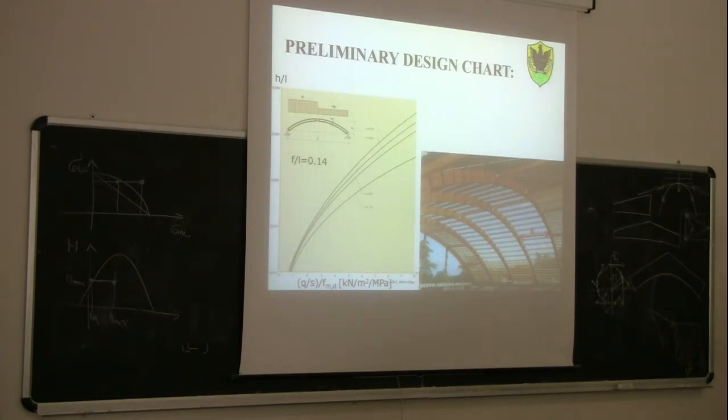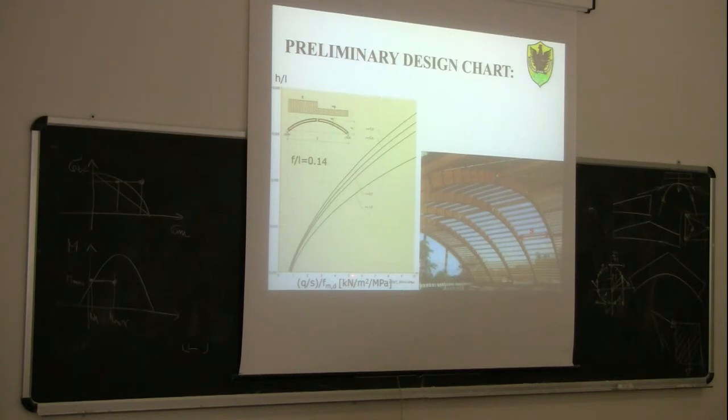So for this geometry, you enter this plot with Q over S, where Q is the uniformly distributed load on your arch, divided by S, which is the spacing of the arches, so kilonewton per square meter, over fmd, which is the design strength of the timber.